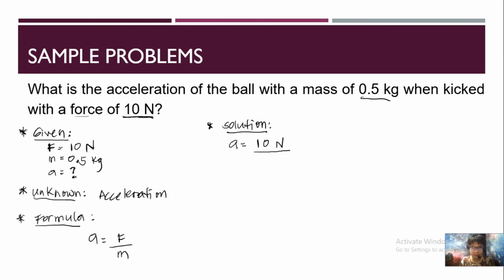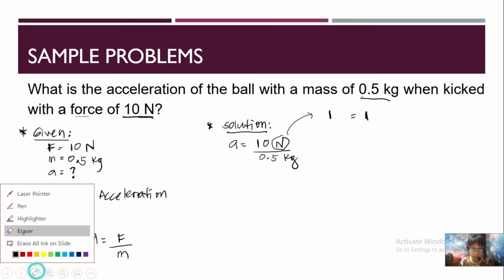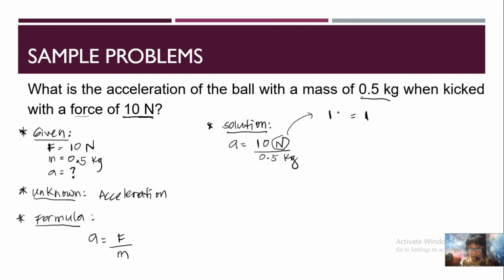Now, before we continue with the mathematical operation, take note, class, that 1 newton, it should be letter N, 1 newton is equal to 1 kilogram meter per second squared.